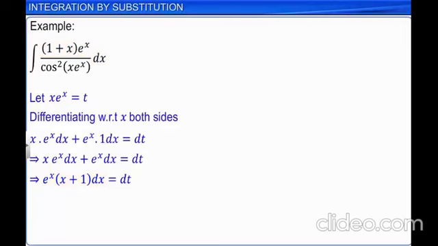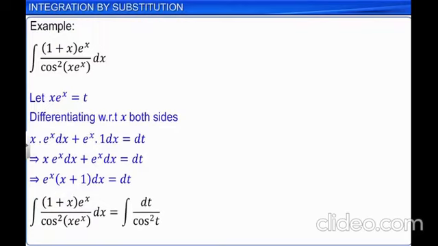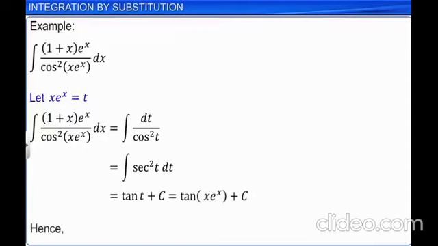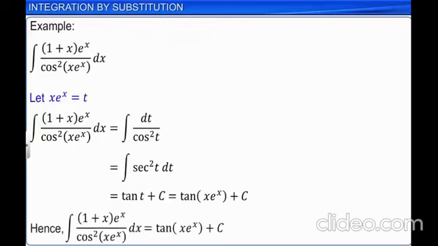Thus, the given integral can be written as the integral of independent variable t, as shown. This is equal to integral of secant square t dt. On integrating, we get tan t plus c. Now, t is equal to x into e power x. Hence, the given integral is equal to tan x into e power x plus the constant.